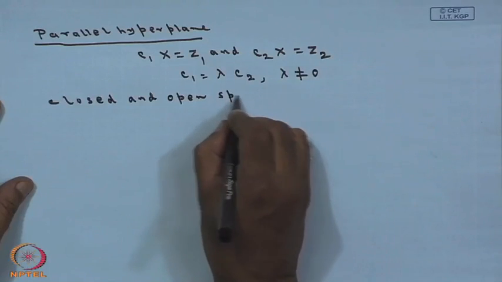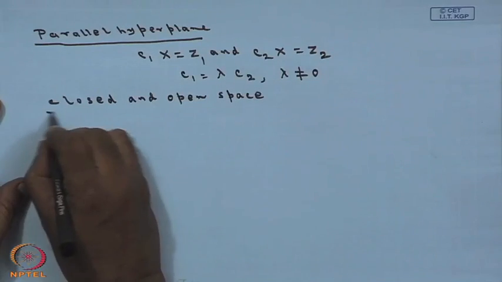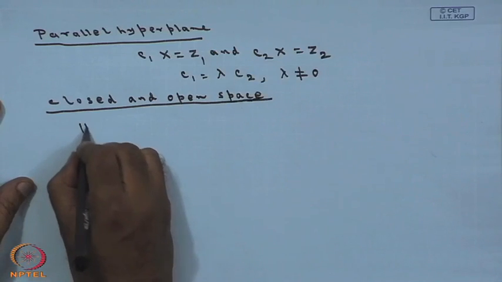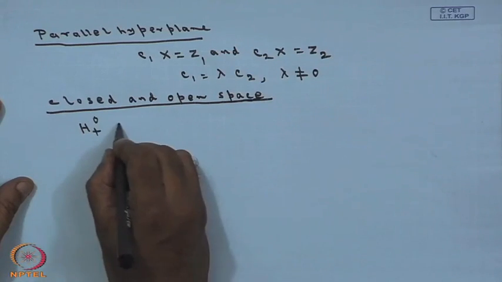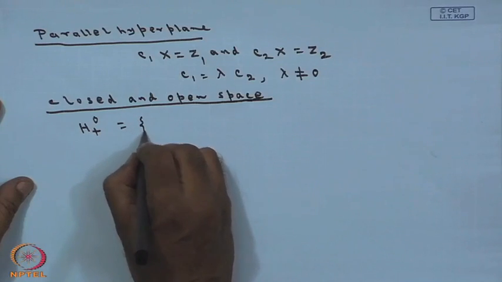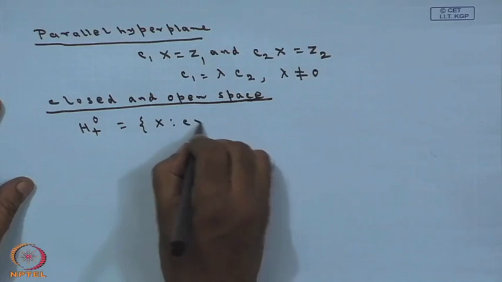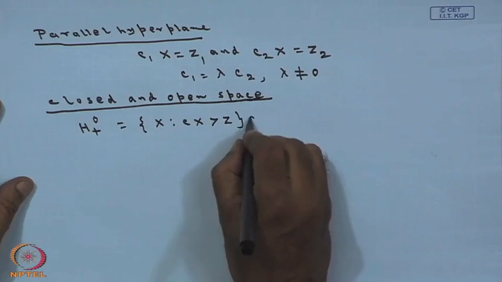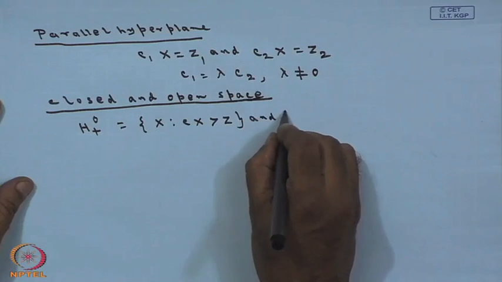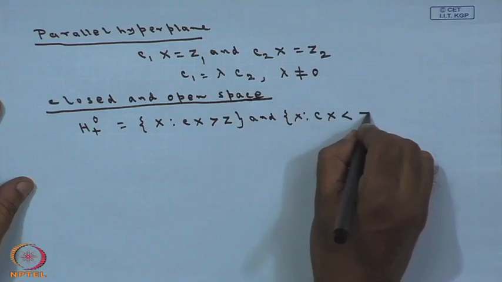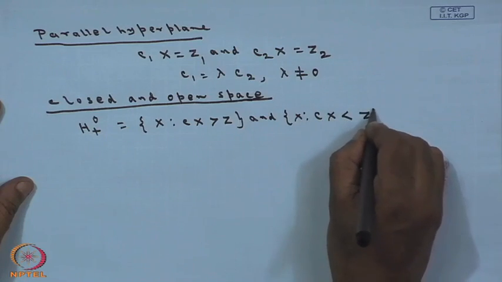The next one is closed and open half space. It is defined like this, where I am denoting it H0 plus. This is the set of x such that Cx greater than z, and the set of x such that Cx less than z.